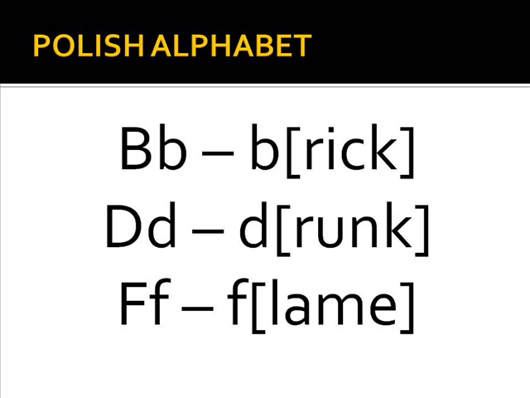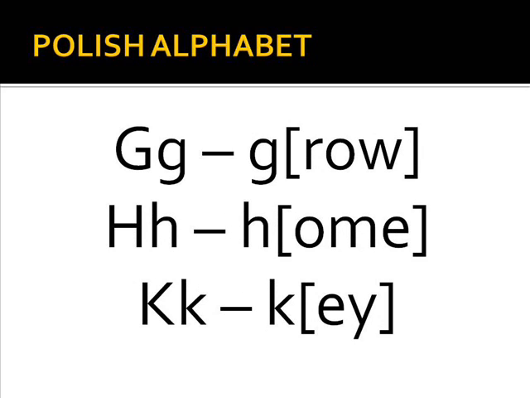So this is something you need to consider, but basically the point is not that you need to make the exact sound. You remember certain things that I've mentioned before, that you do not try to make longer sounds, because it sounds unnatural in Polish. But when it comes to consonants, just try to make them as close as possible, and you will be clearly understood. Okay, so let's move on.